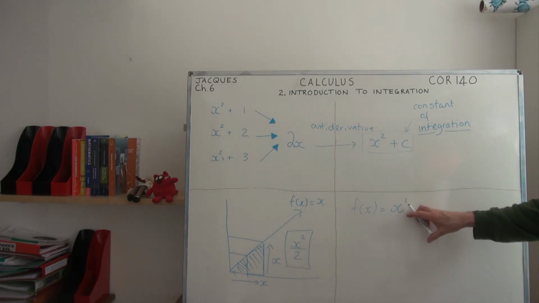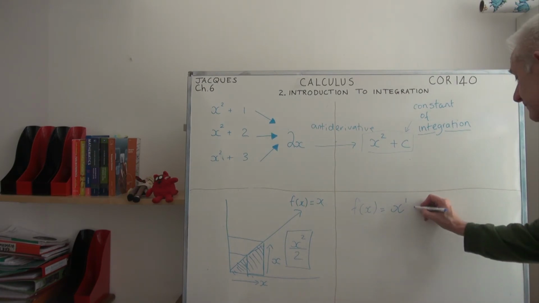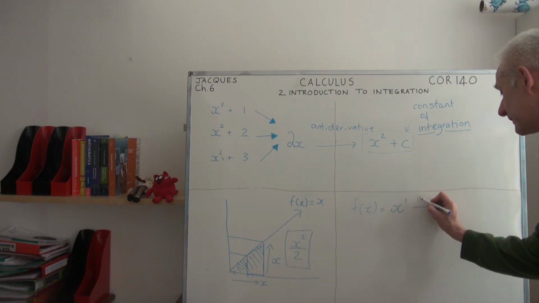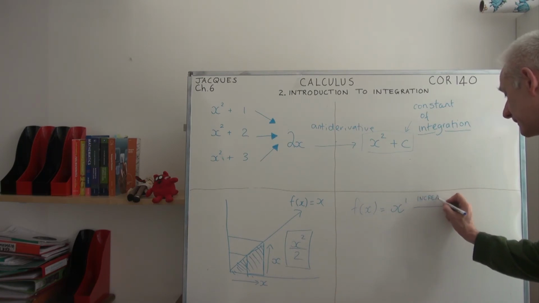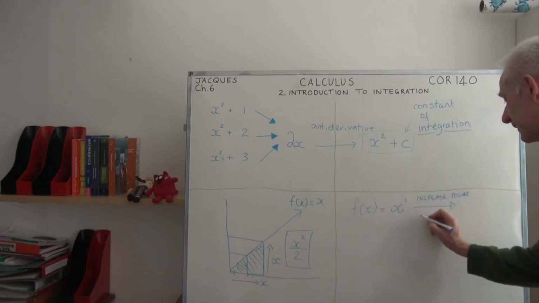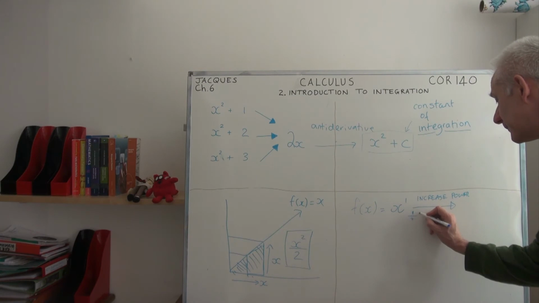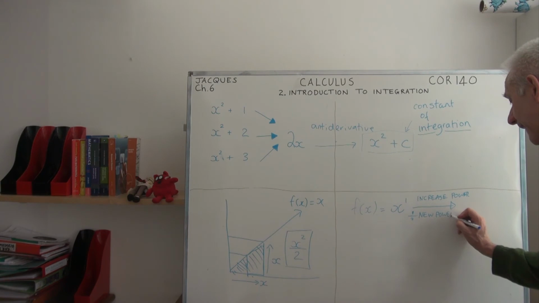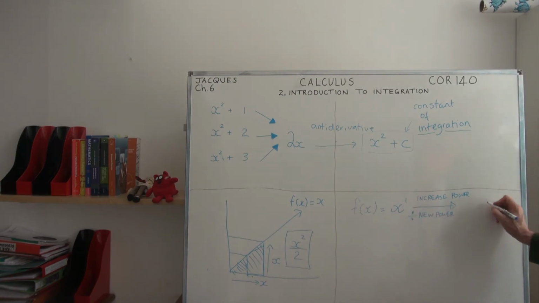We increase the power and we divide by the new power. And when we do that, we increase the power to 2 and we divide by the new power.